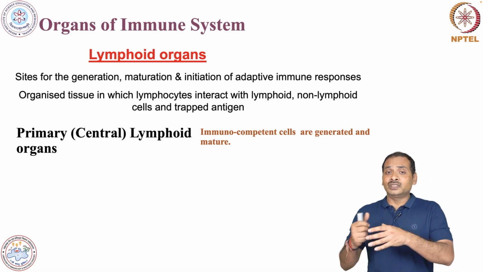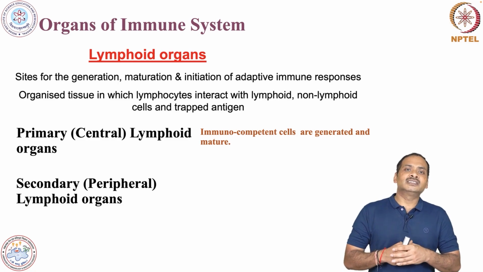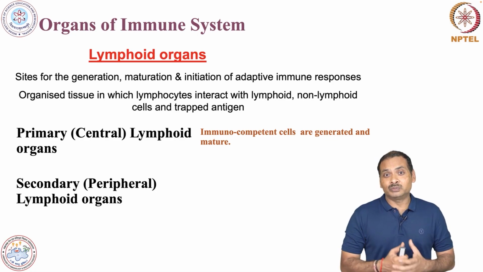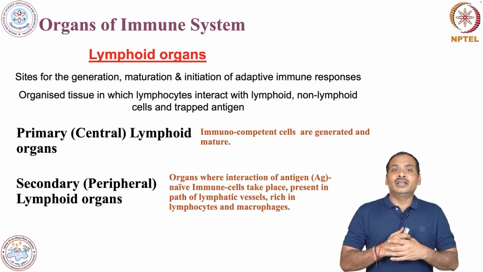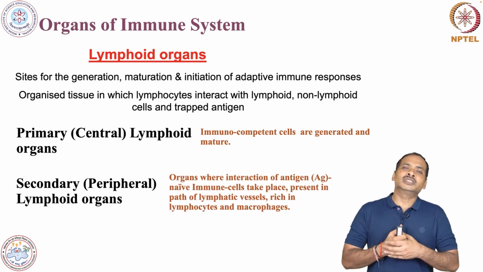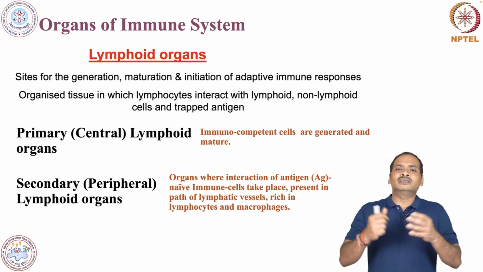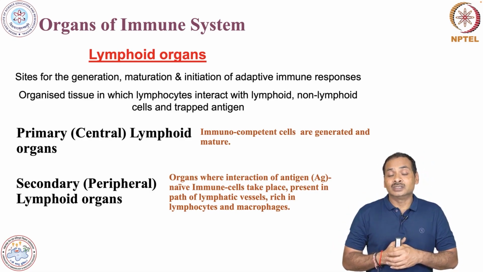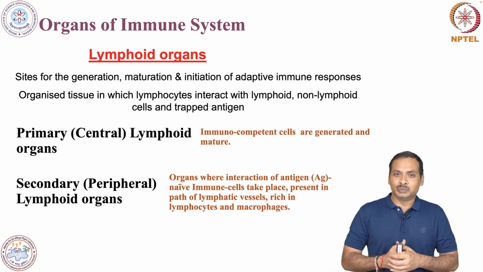The other organs where they move, we call secondary or peripheral lymphoid organs, and these are located in different parts of the body, throughout the body. You will see in a short while, over there they will see the antigen and induce the appropriate immune response, and all these responses can also move through a very specialized vessel. We call it a lymphatic vessel, and then the immune system will be established. Okay.